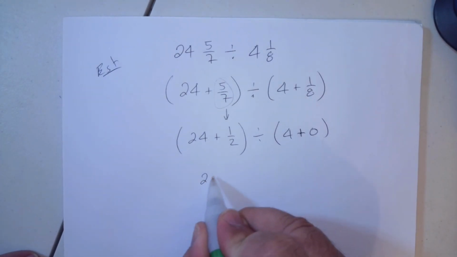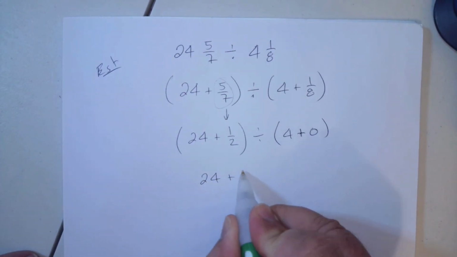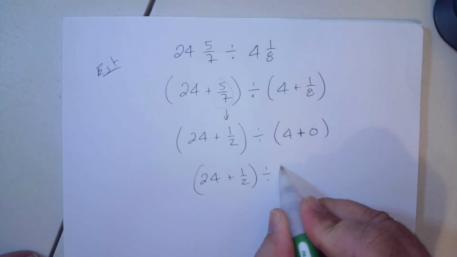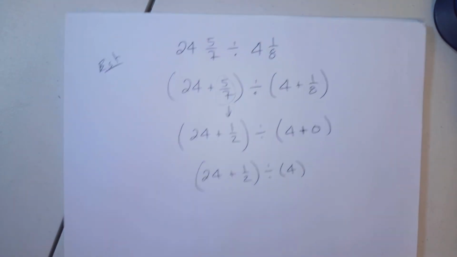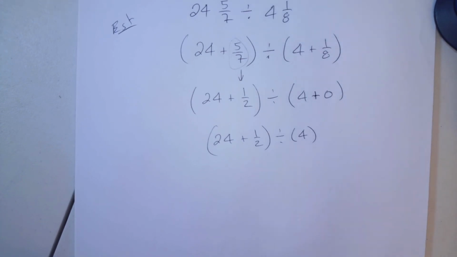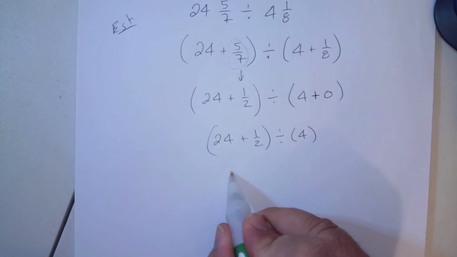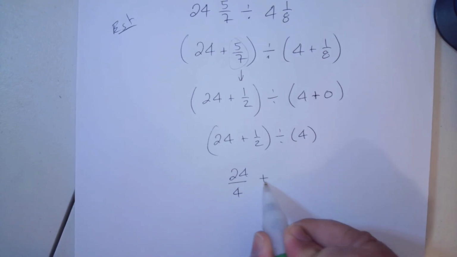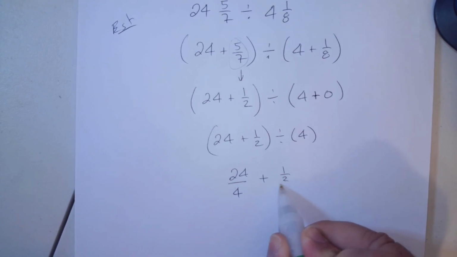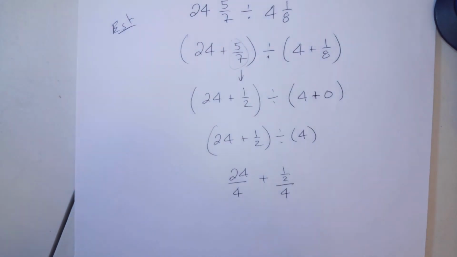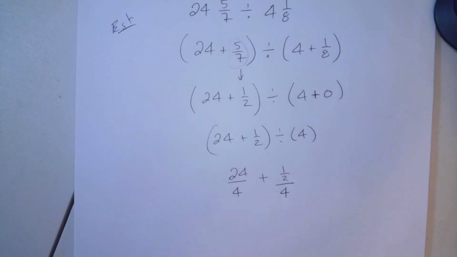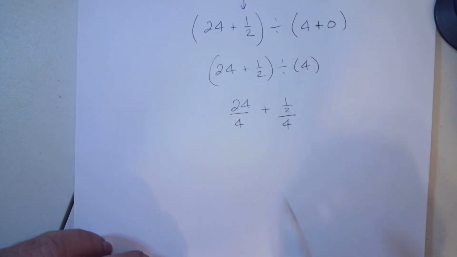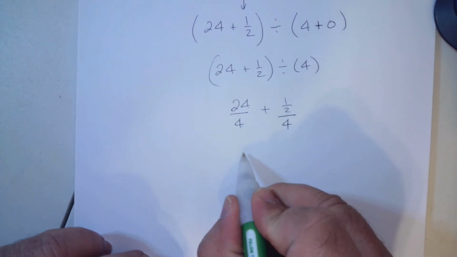So we have 24 plus 1/2 divided by 4. What this means is that this 4 goes under both of those sets. 24 divided by 4 is 6.